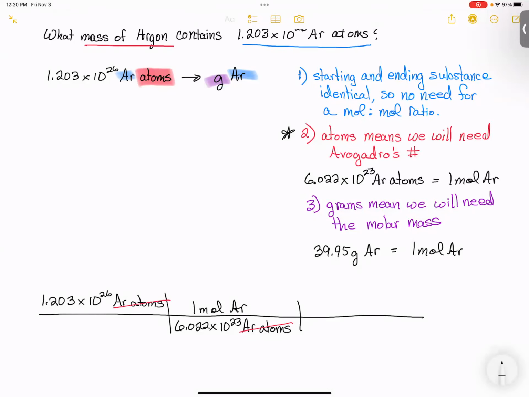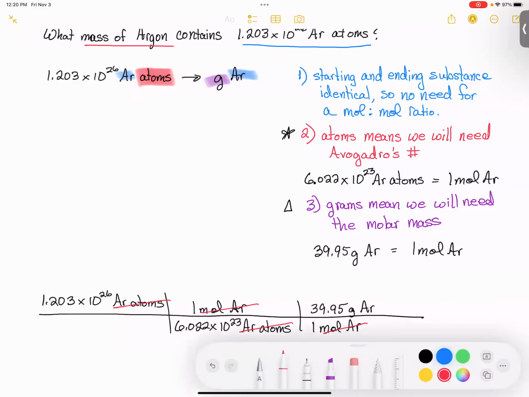That leaves me moles of argon, but if you look back at the question, I don't want moles of argon, I want mass of argon. So that means I'm gonna need a second conversion factor, in this case, the molar mass. Of the molar mass, the mole portion will go in the denominator with the mass portion into the numerator. The mole portion had to go in the denominator so that the unit and the substance would cancel, and you were left with mass.